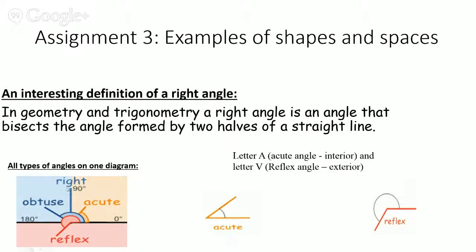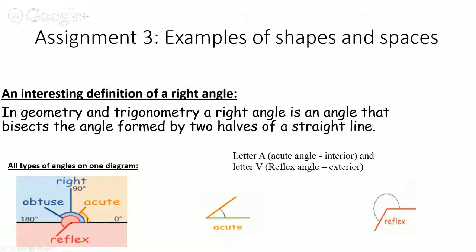Right? And here you can see in this diagram there's a straight line angle, 0 to 180, and then the right angle will bisect that straight line angle. That's 90 degrees to it.